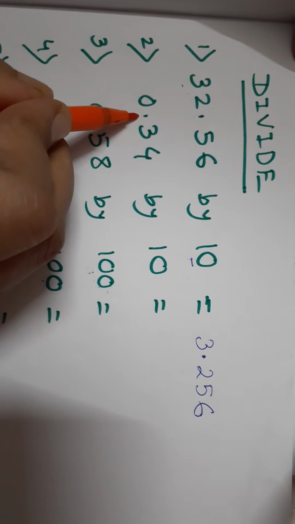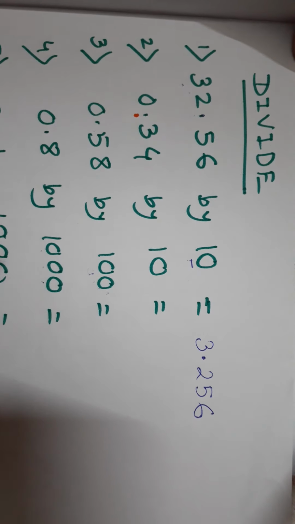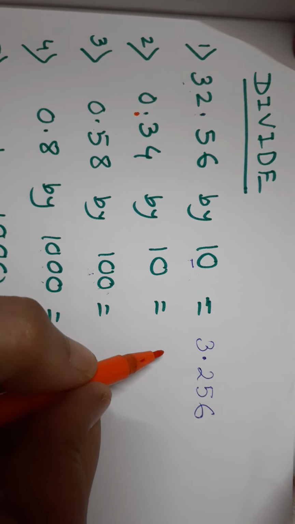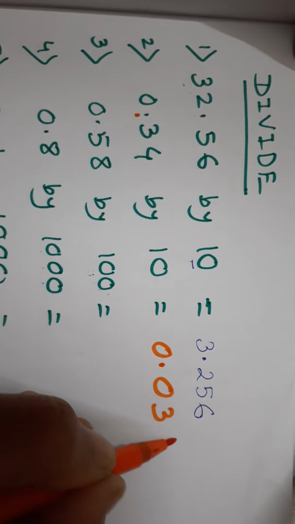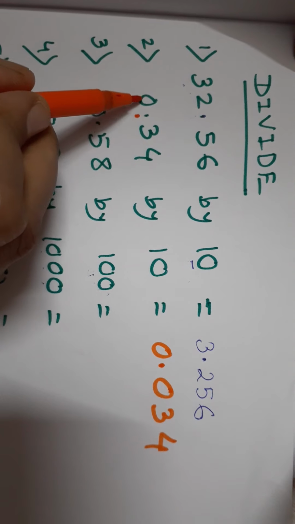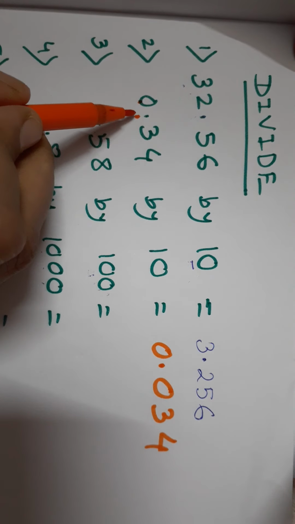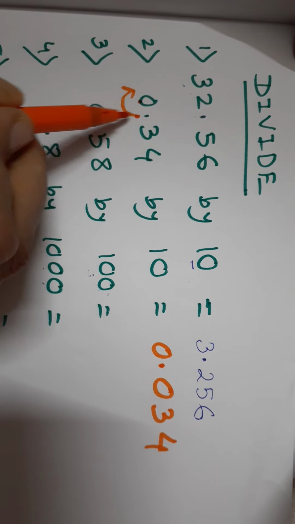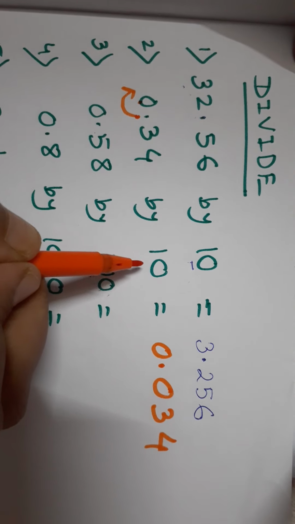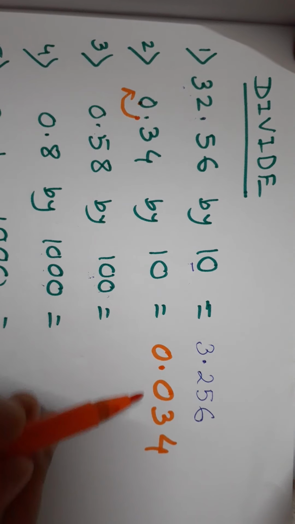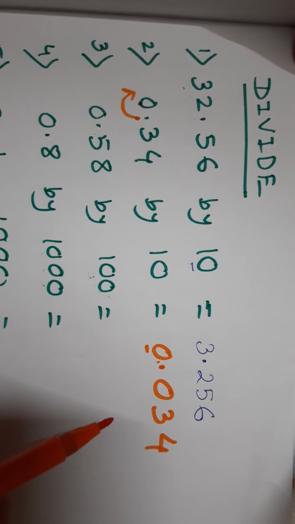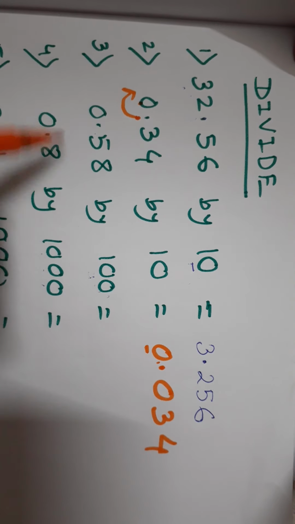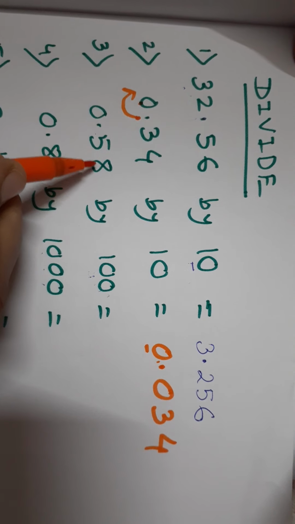So this decimal point will also shift to the left side and we will get 0.034. See, 1 zero was already present over there, so we are shifting this decimal point from here to here, and we will get 0.034. I have written one more 0 over here.